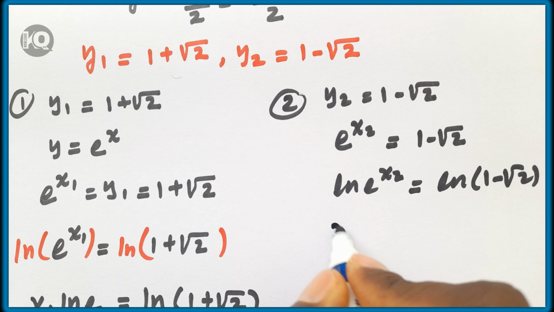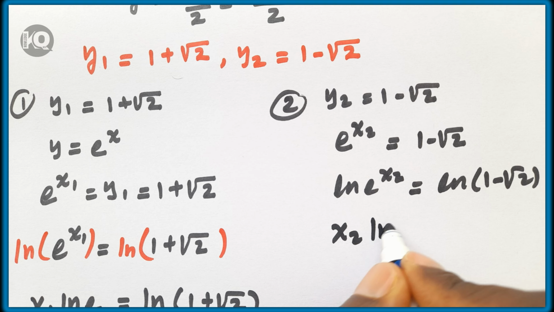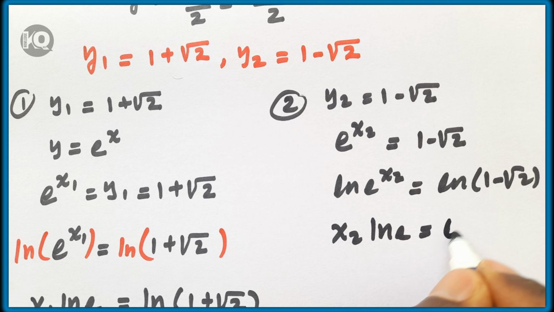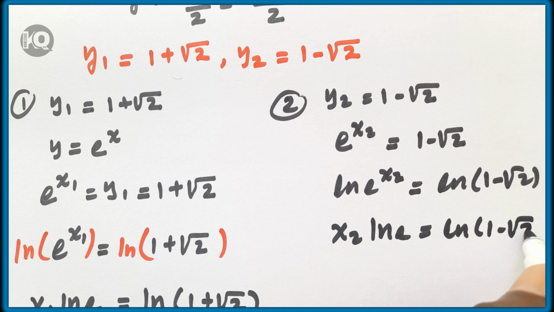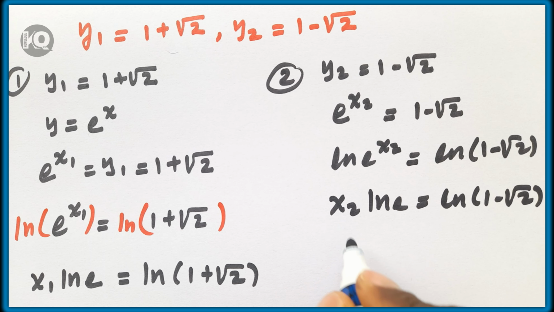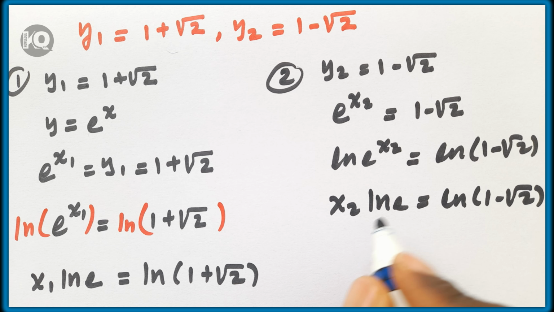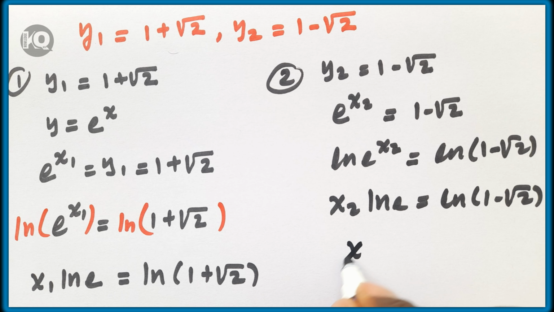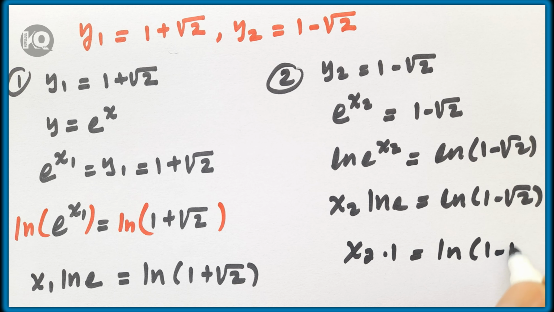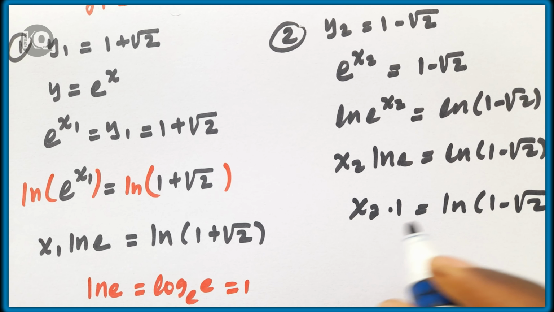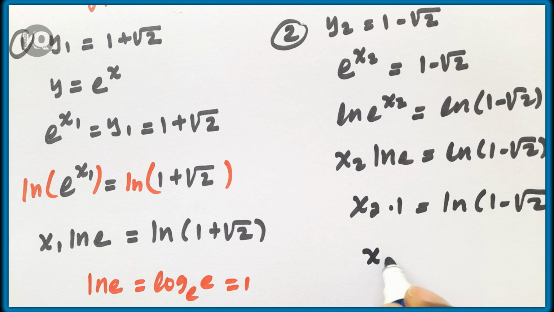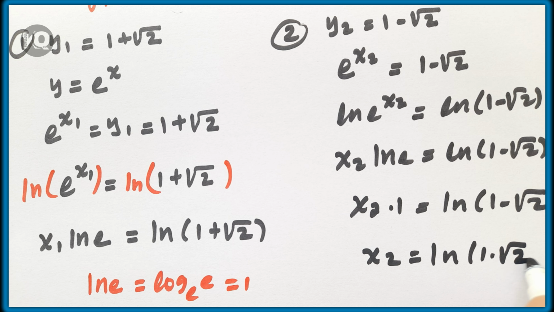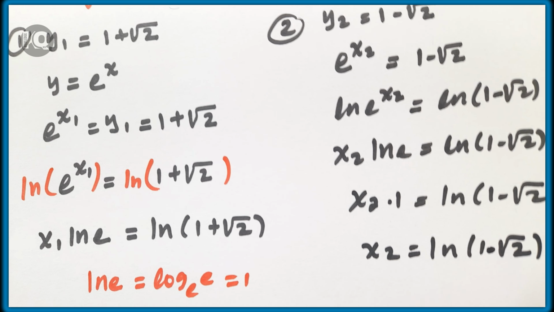So it will be x2 times ln e, which is ln of 1 minus the square root of 2. Then ln e will be 1, so x2 times 1 is equal to ln of 1 minus the square root of 2. So x2 is equal to ln of 1 minus the square root of 2.